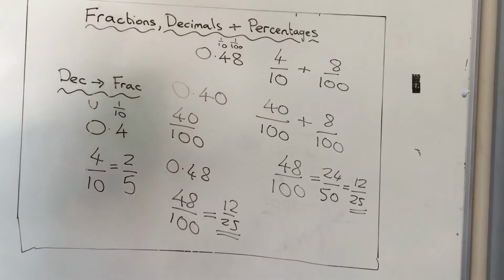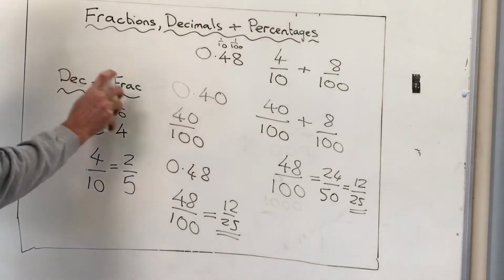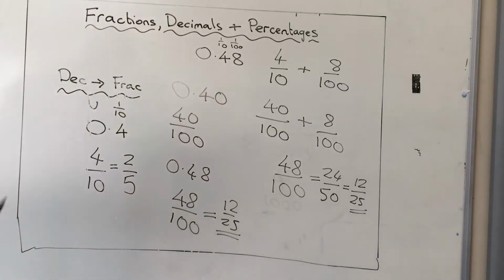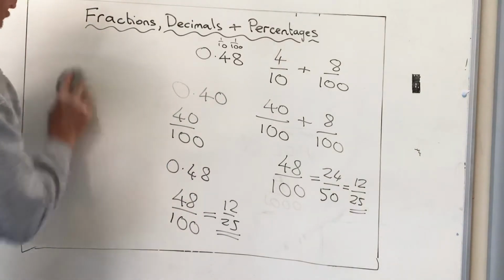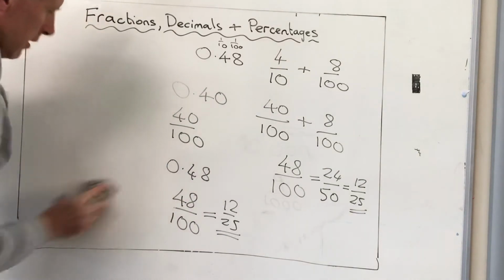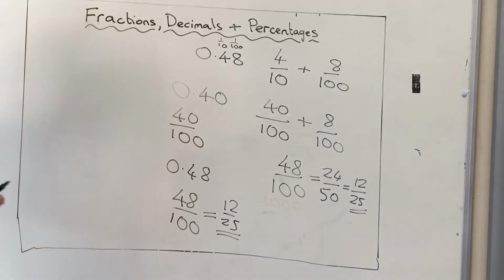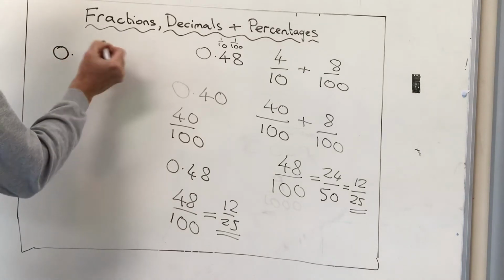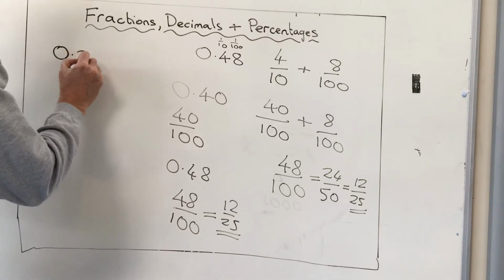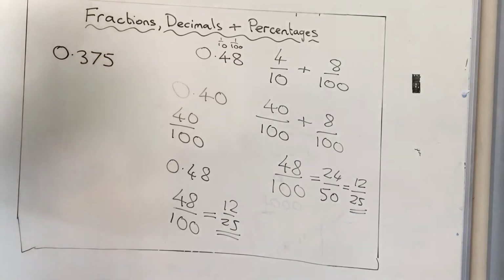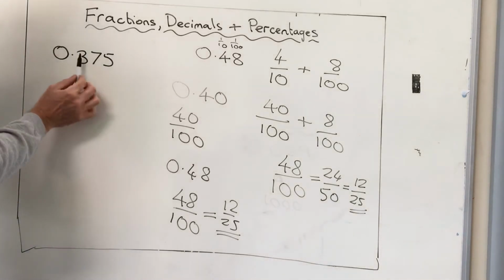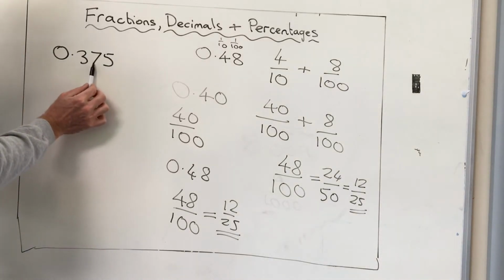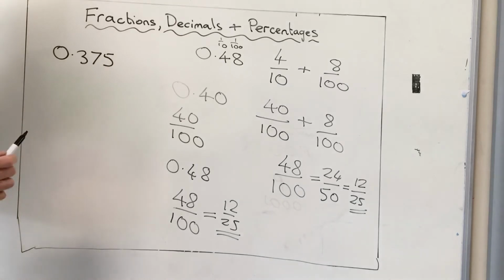Okay, one last example of that then. What is 0.375 as a fraction? Well, we've got 3/10, 7/100, and 5/1000.